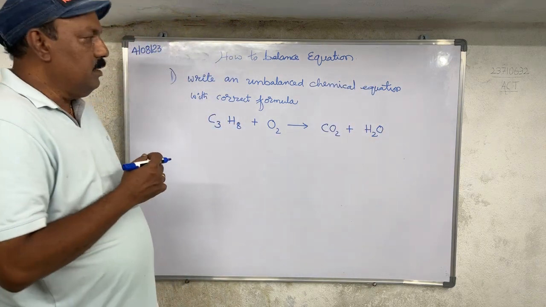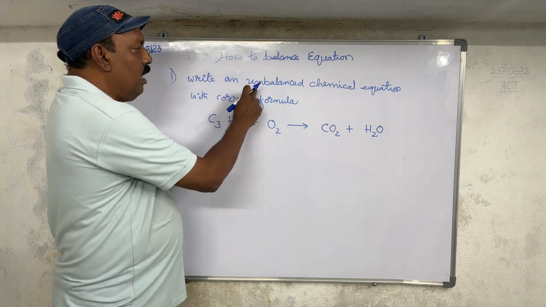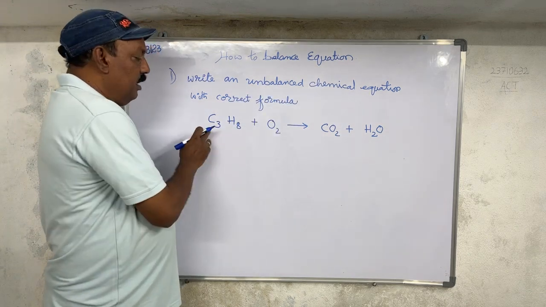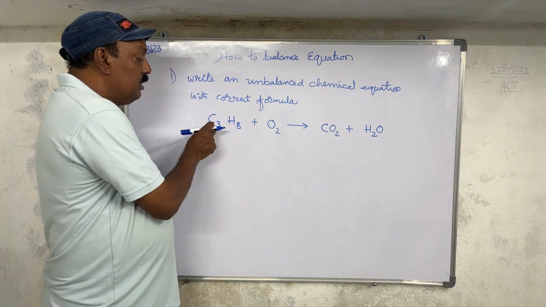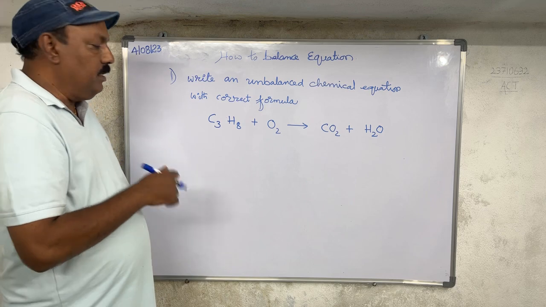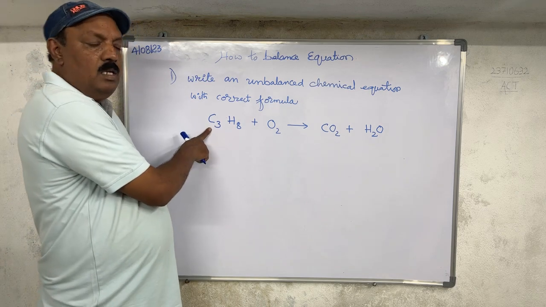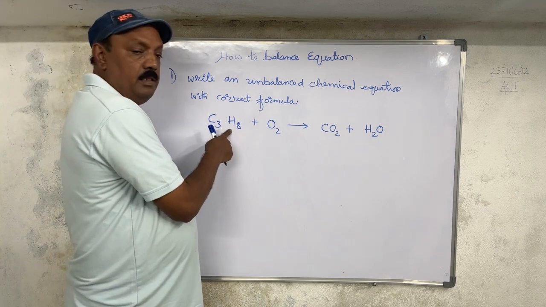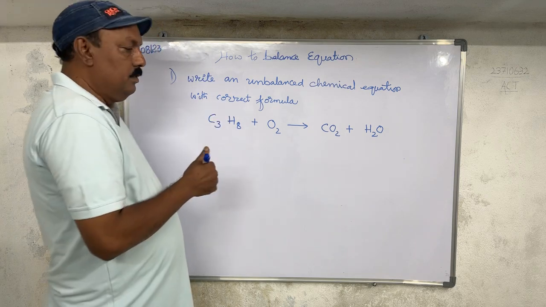Now check once here. I told you already, this is an unbalanced chemical equation. Here, you have 3 elements: first is carbon, second is hydrogen, third is oxygen.